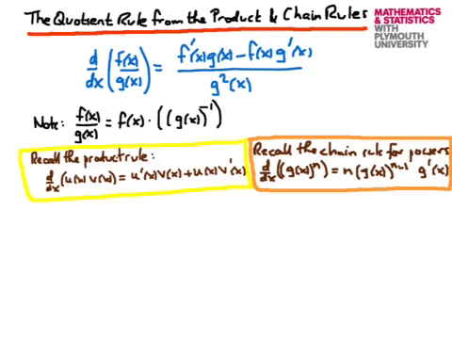So here I've written the two rules that we're going to need, the product rule and the chain rule for powers, and now we're going to differentiate this quotient, but written in this way.